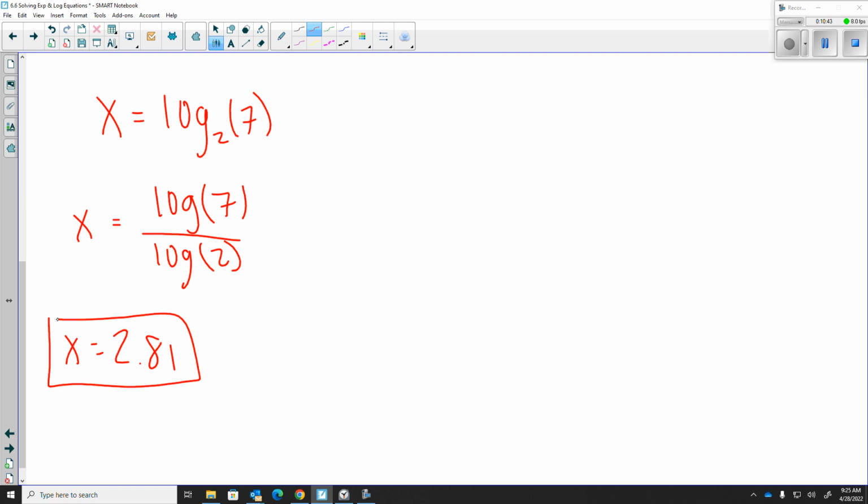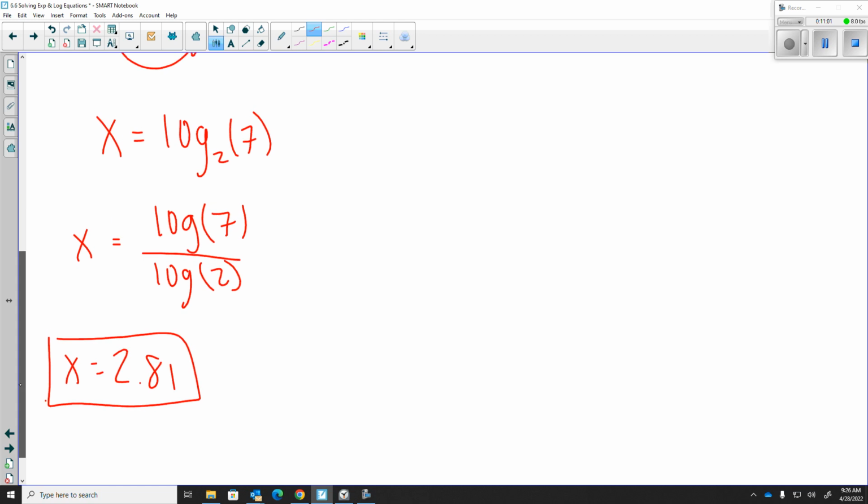So you can evaluate this in your calculator. You just do log of the top number divided by log of the bottom number. Okay? And that's it. That's your solution. Does that make a little bit of sense?